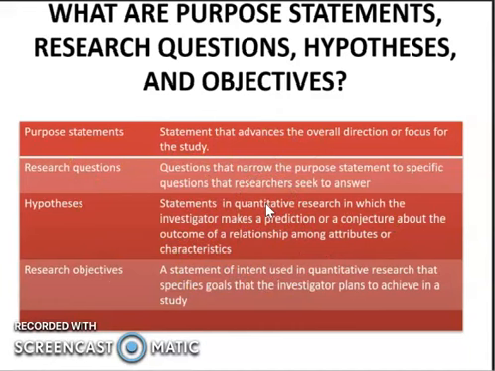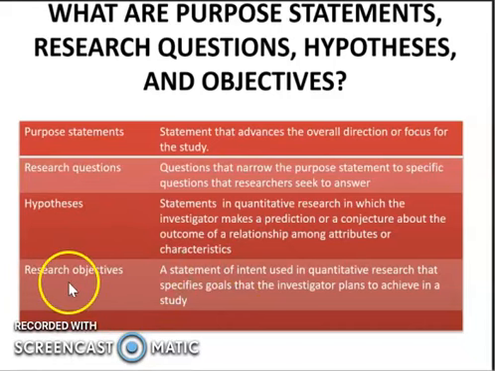For example, if the research question is, is there any significant influence of students' vocabulary on students' ability in speaking, then the hypothesis might be the null hypothesis: there is no relationship or correlation between vocabulary mastery and students' ability in speaking, with, let's say, a p-value probability of less than 0.05.